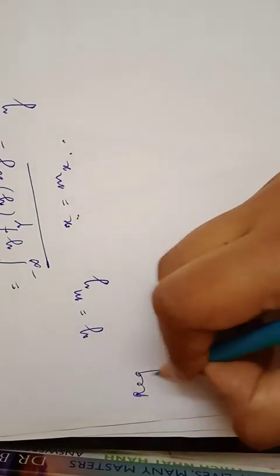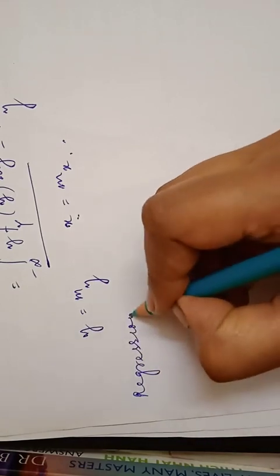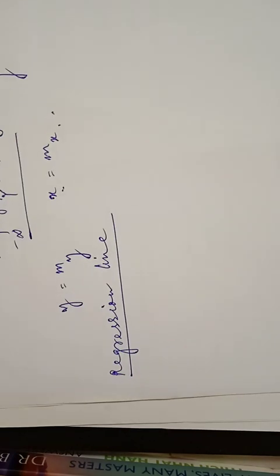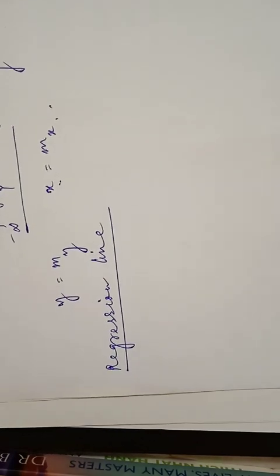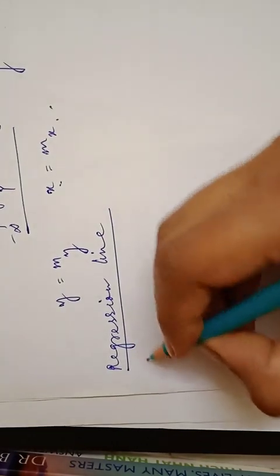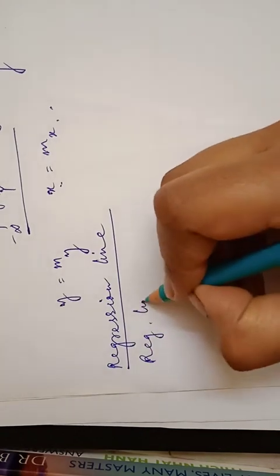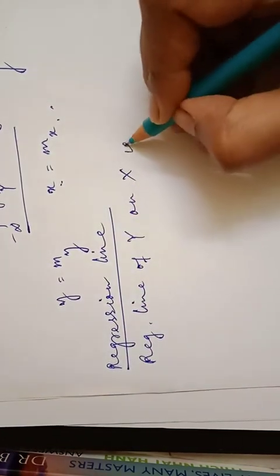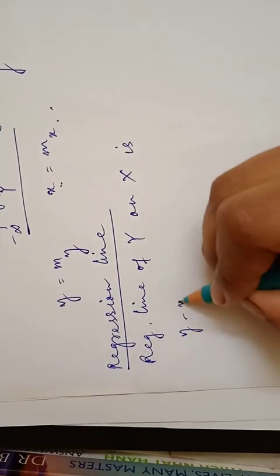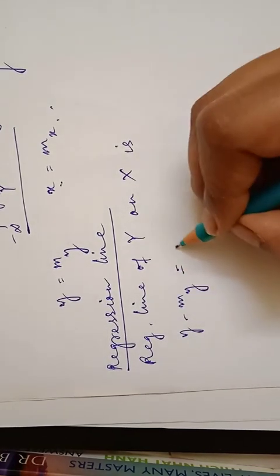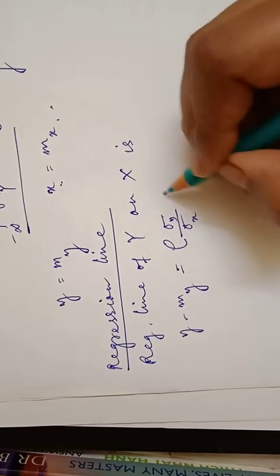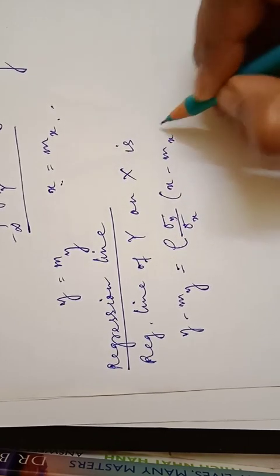Next is regression line. The regression line of y on x is y minus my equals rho into sigma y by sigma x into x minus mx.